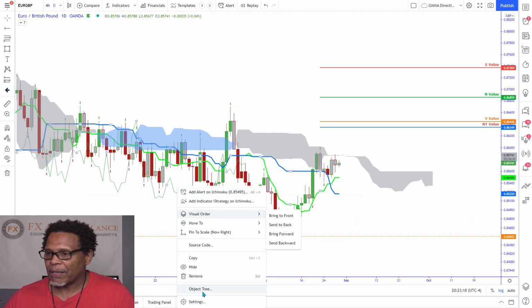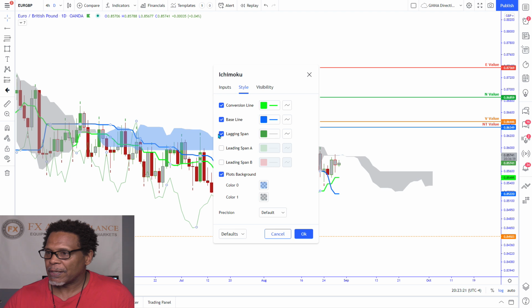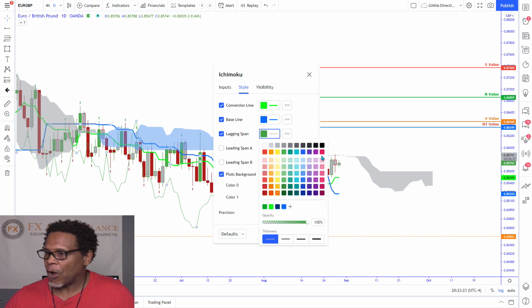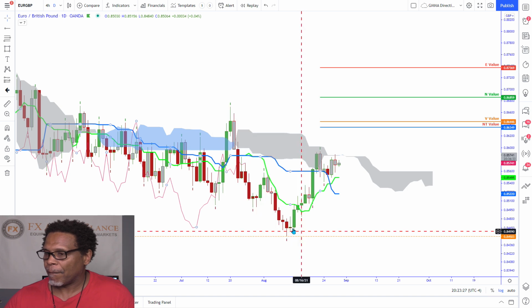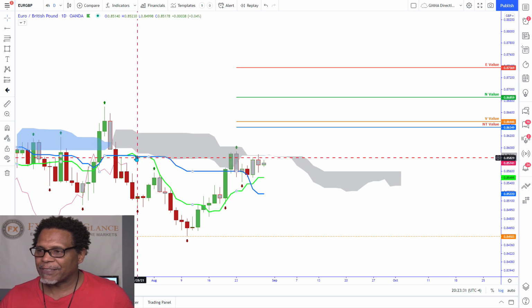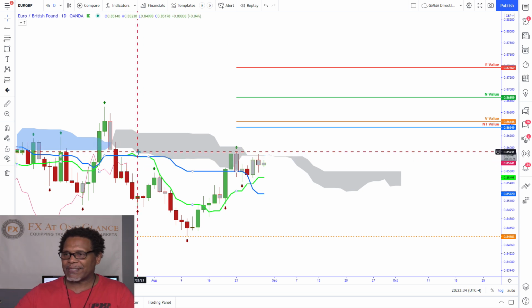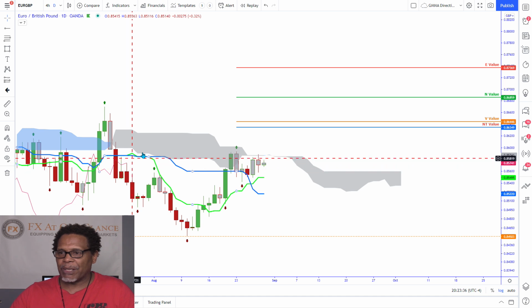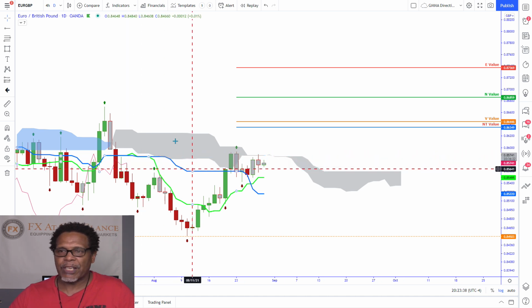And I never have my lagging span that color. I always have it that color. So Chikou span is above these price candles, but it hasn't violated Kijunsen yet. Now, when it violates Kijunsen, that's a big sign. That's going to be a good sign that there's a change in the market.